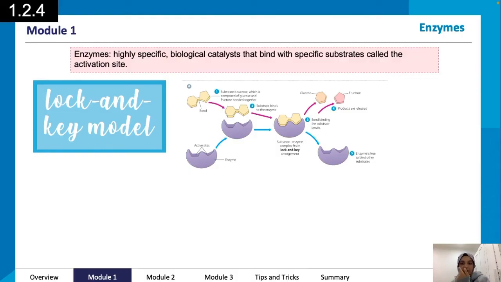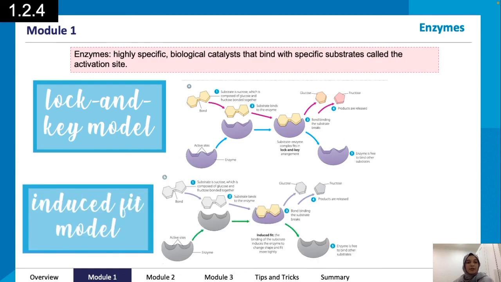Number 4, the products are released. So you've got the fructose, you've got the glucose. And number 5, the enzyme is free to then bind with other substrates. Okay? So you can see that enzyme's movement, and then you can also see the movement of the substrate.